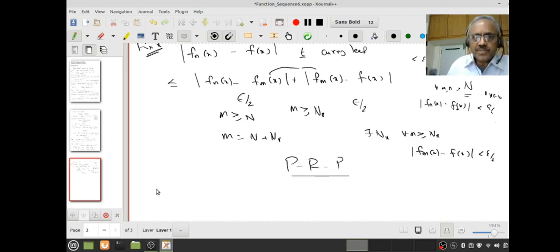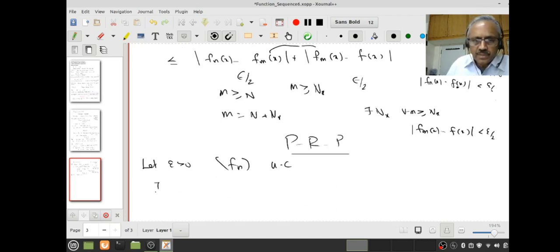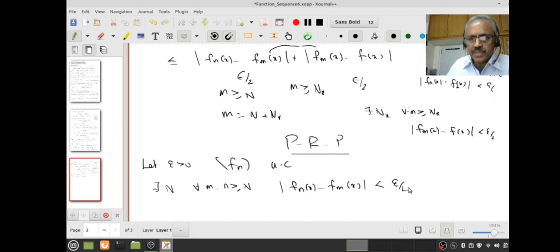So how do I write a textbook proof? Let epsilon be given. Okay, fn uniformly Cauchy. I'm not going to write everything as usual, right? Therefore, there exists a capital N such that for all m, n greater than or equal to capital N, mod fn x minus fm x is less than epsilon by 2, right?